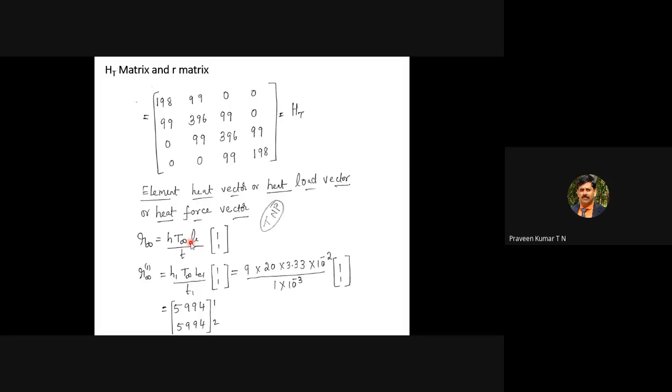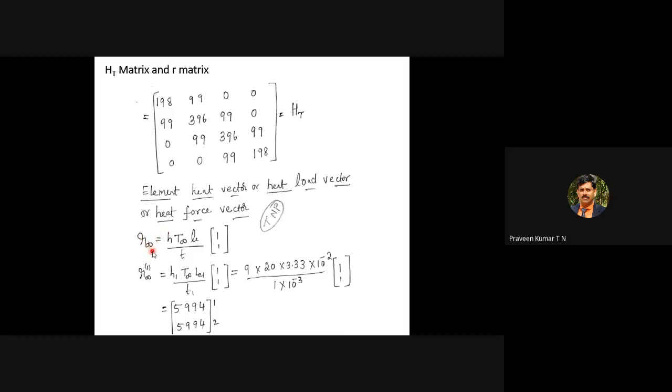There are three types of problems in heat transfer: one is only conduction, the second is conduction combined with convection, and one more is heat transfer through fins. For fins, this matrix is referred to as R infinity. In the previous case you referred to it as R q, but here it is R infinity.